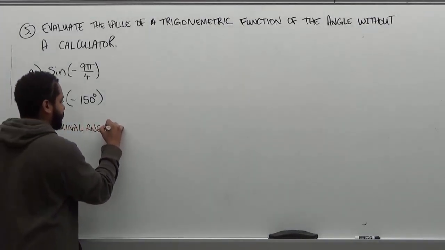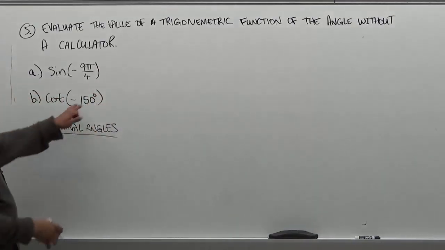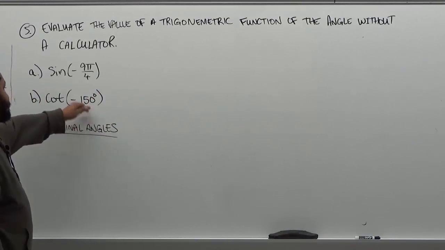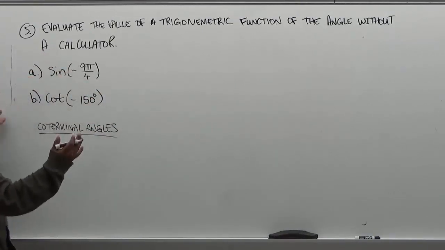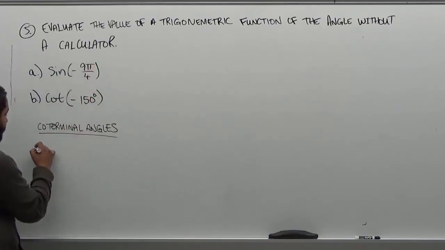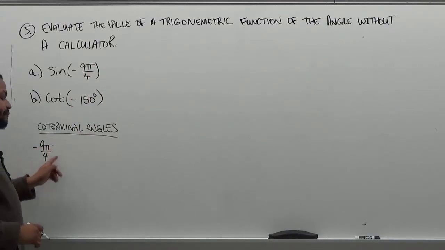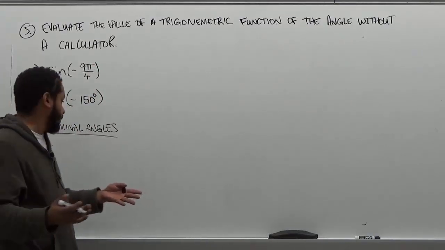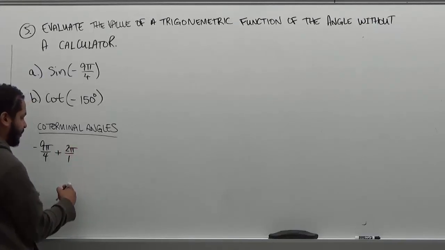To get the coterminal angles, what we want to do is either keep them in radians or angles in degrees. And here I'm just going to keep it in radians because it's not so bad to use radians. So here we have negative 9 pi over 4. And what we want to do to a radian angle measure is add 2 pi until this becomes a positive radian measure. So we're going to add 2 pi, and this is 2 pi over 1.